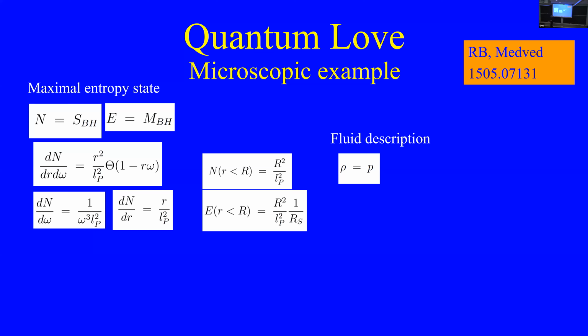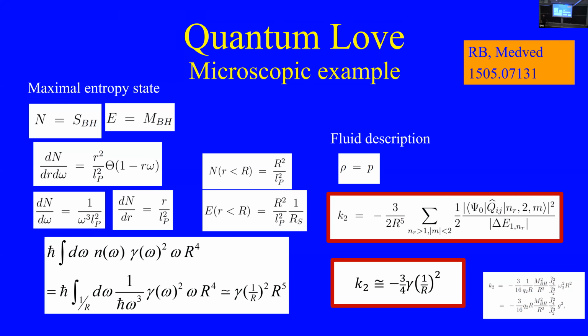But here, I don't do that. I just put in the spectrum that I found. It's really very thinly spaced because the total entropy is S_BH. And I just do this integral. Remember that gamma of omega is the quadrupole moment for a given energy.